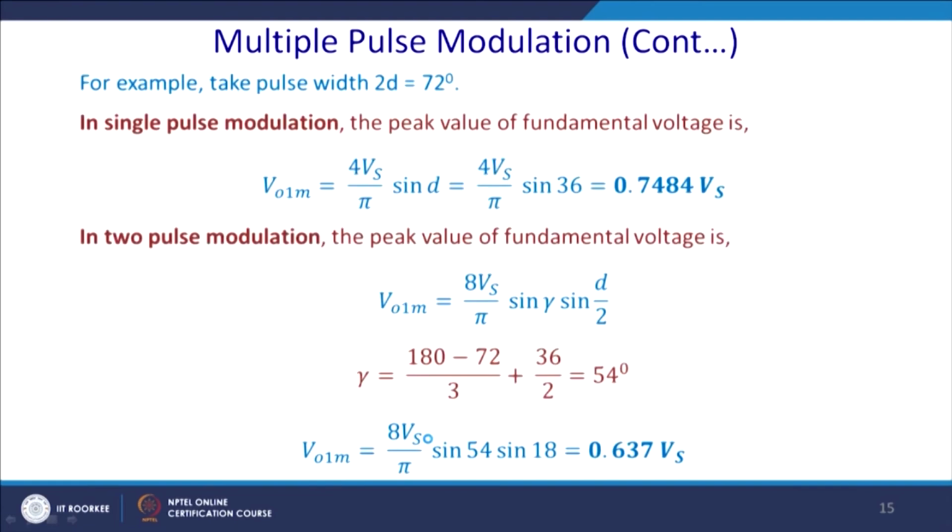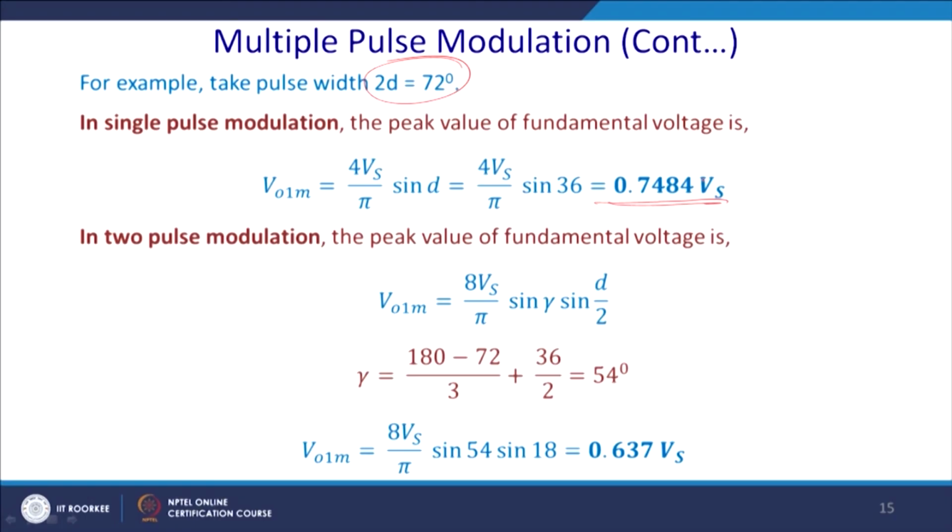Now, for example, if you take 2D equal to 72 degree, the single pulse modulation peak will be Vs by sine, and that will be around 75%, 0.784 Vs. And what essentially do you get here?